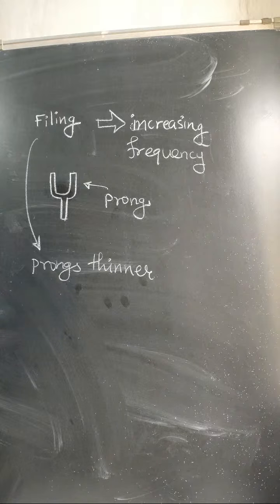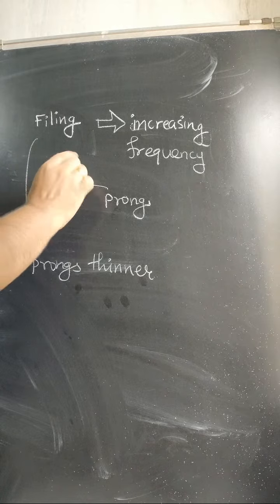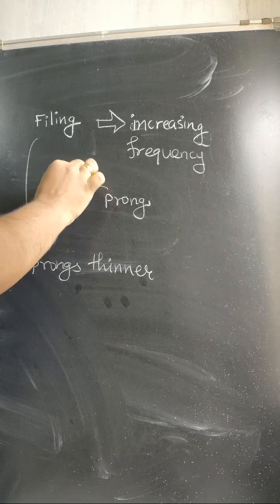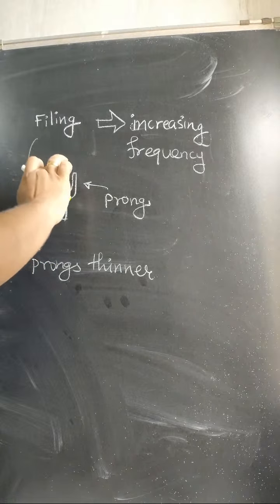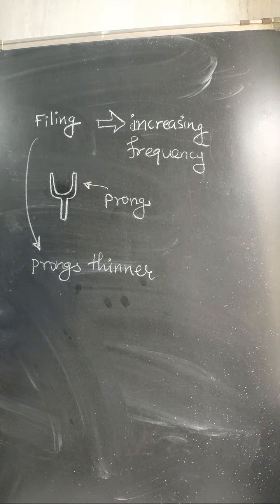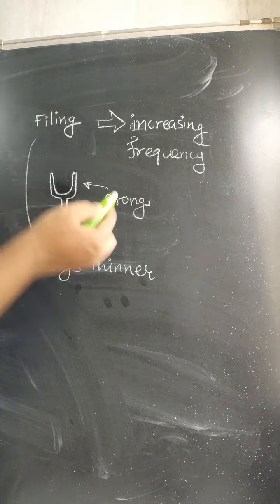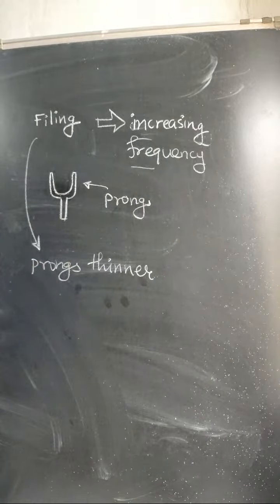If you go on filing, the prongs will go on becoming thinner and thinner. See, the prongs are comparatively thinner than in the first situation. Then the prongs have become light, and if the prongs are light in weight, their frequency would increase. So students, I hope this part is clear to you all.